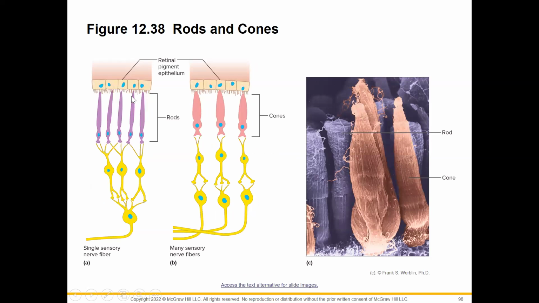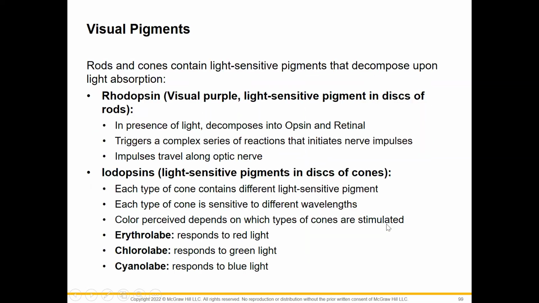So, rod-shaped photoreceptors, cone-shaped photoreceptors, cones color, rods black and white. In an actual image, these will be your cones, these will be your rods. So erythrolabe, red light, chlorolabe, green light, cyanolabe, blue light, and rhodopsin.